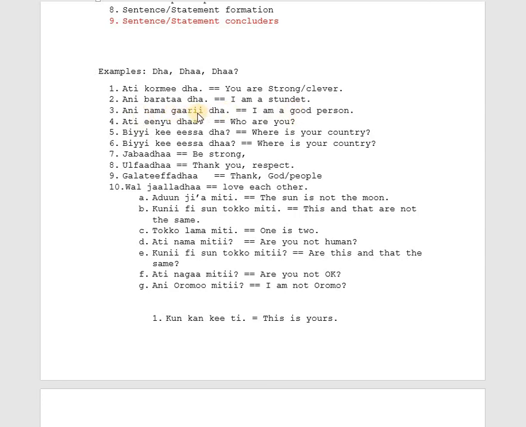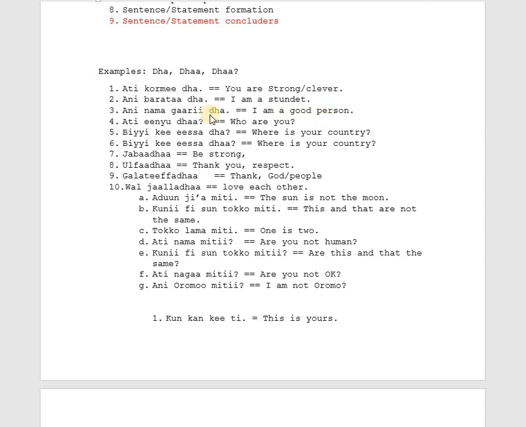Ani nama gariidha. In some Oromo dialects, gari has a different meaning, and it could also be said, ani nama dansaadha, especially in the Borana dialect, in Borana areas bordering Kenya, or among Oromo living in Kenya. Ani nama dansaadha is the correct form there, and this also means good person.